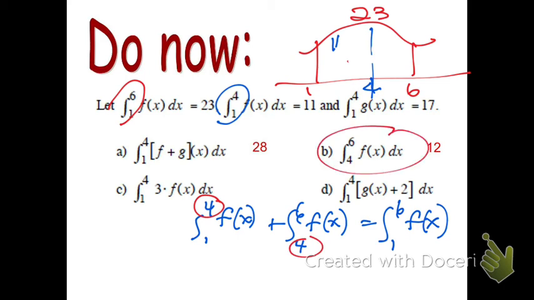This one is my question, I'll call that an x. So 1 to 4 was 11, plus the question has to equal 23. That's the other way to do it if you're not as visual, okay?